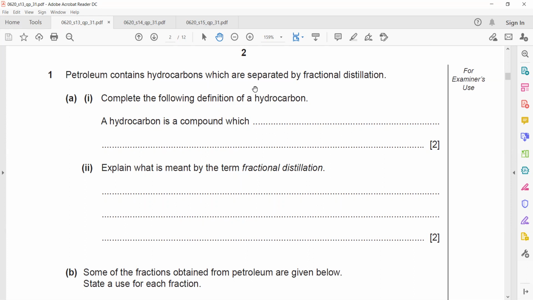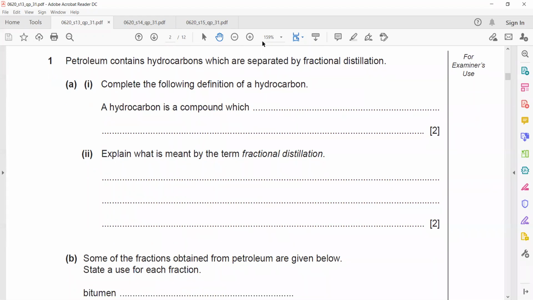Petroleum contains hydrocarbons which are separated by fractional distillation. Complete the following definition of hydrocarbon. A hydrocarbon is a compound which contains carbon and hydrogen only.